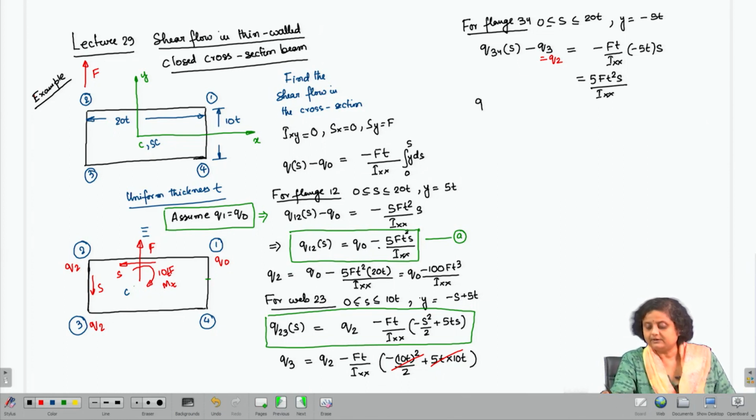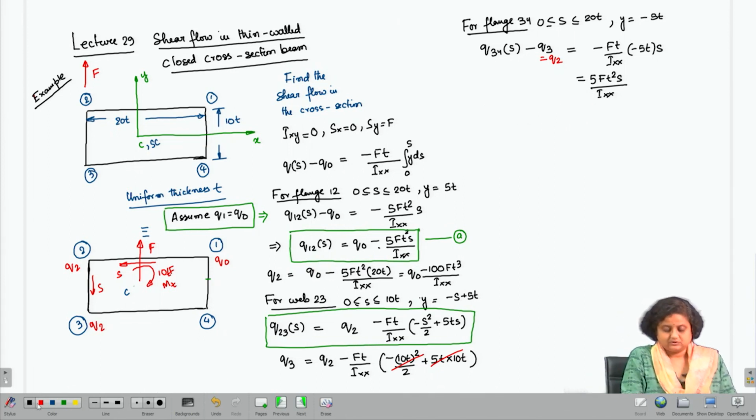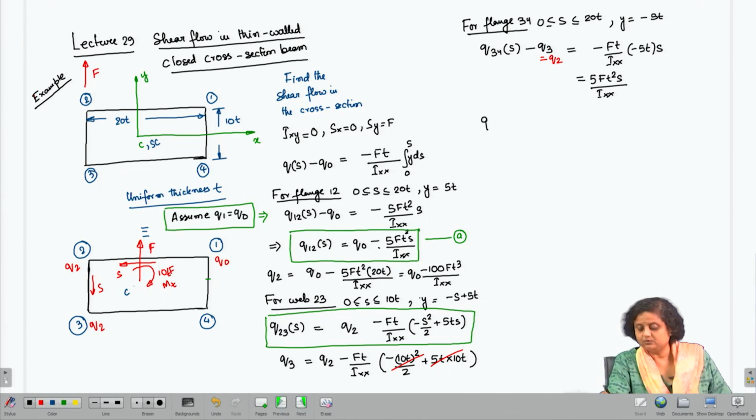So, therefore, Q34S is going to be Q2 plus 5F t square S. So, let me just write this down. So, Q34S is going to be Q2 minus 5F.